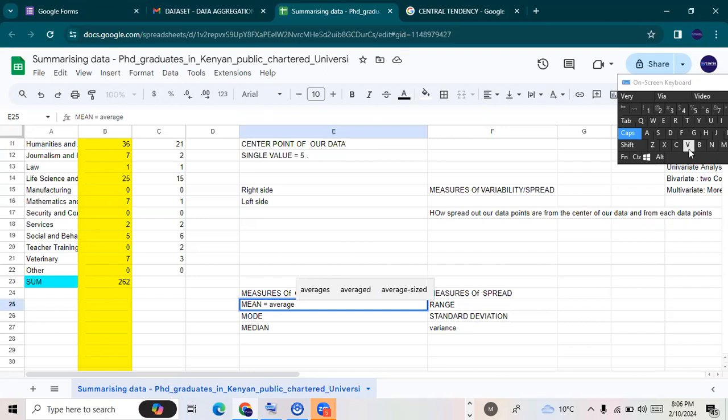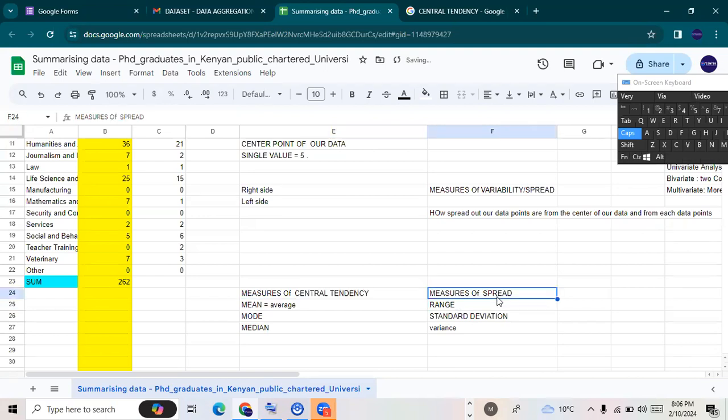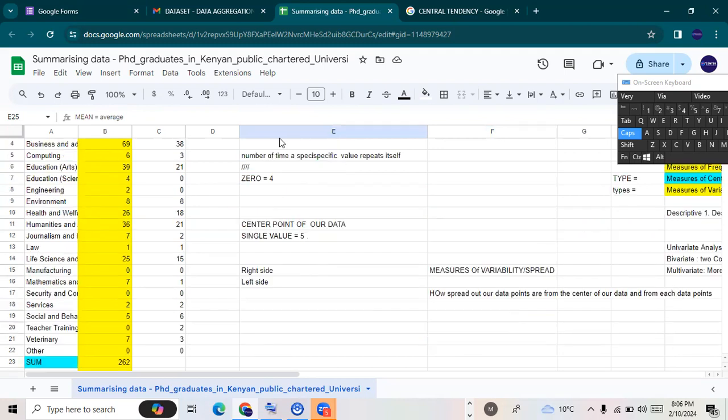So considering the rest of the data, you then establish these three. Always, before you establish measures of spread, how spread the data points are, you first look for your mean or your average. And the average gives us a single value of our data as our center.